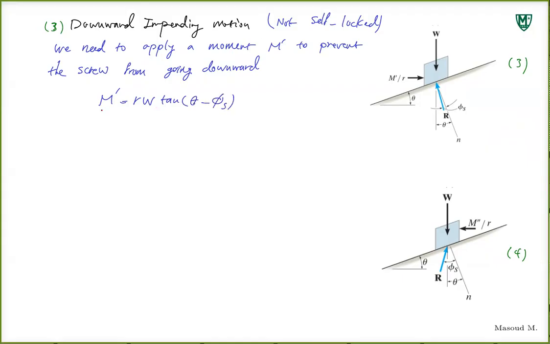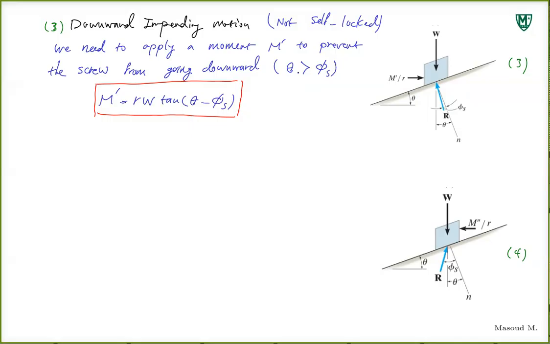I encourage you to actually draw the free body diagram for this case and derive this equation, derive this relationship. And this is the case where, let me add it here, theta is greater than phi s.